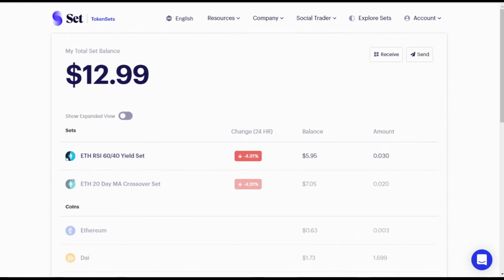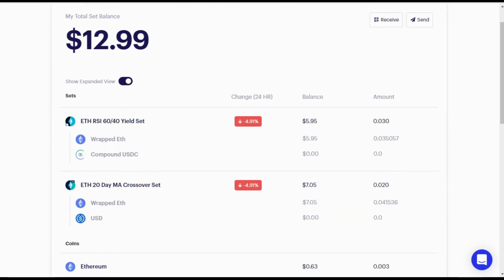And if we go to expand, you can see what those sets are made up of. So this is obviously USD with Ethereum, and then this is Ethereum with Compound USD, which I believe is DAI basically.